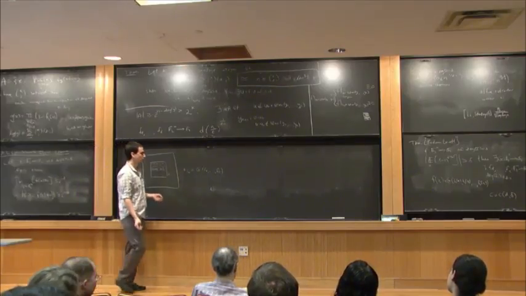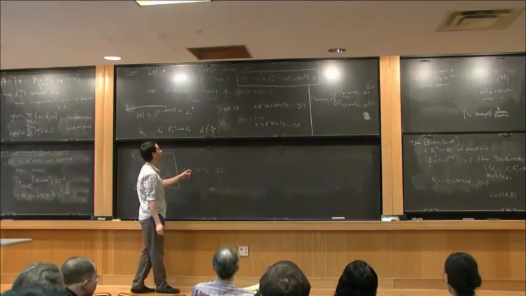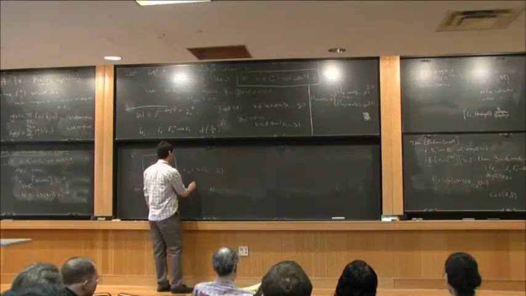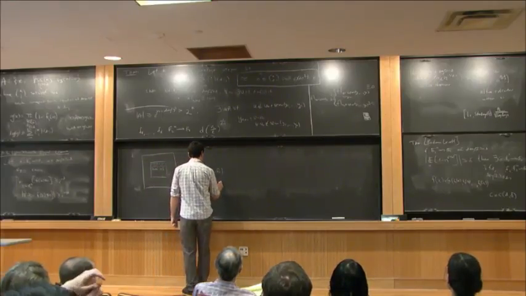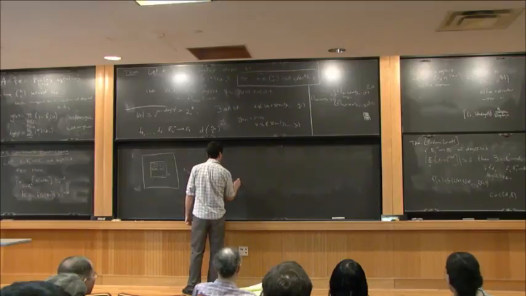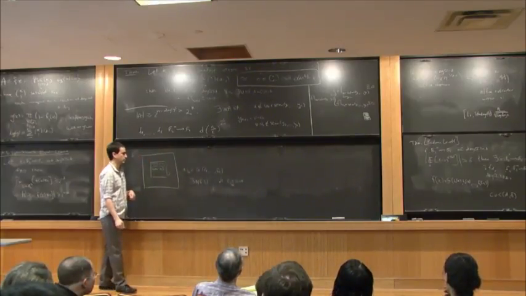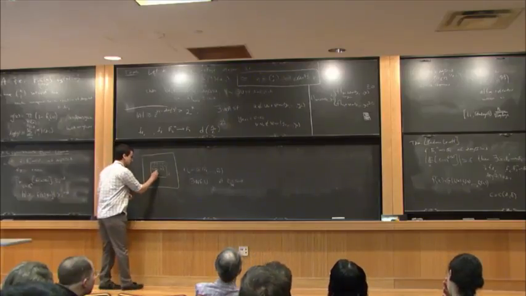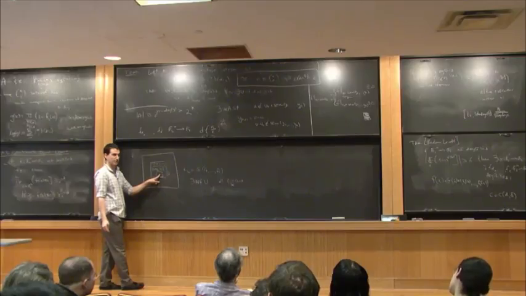So now we apply our theorem for many polynomials. So what do we know? We know that there exists a subspace W, which is a subspace of U, such that all fi's are constant on this subspace.